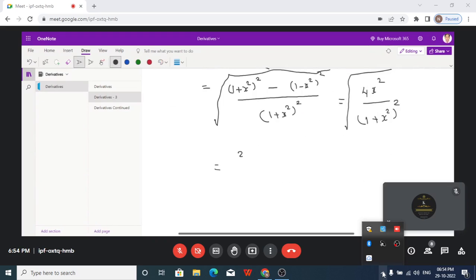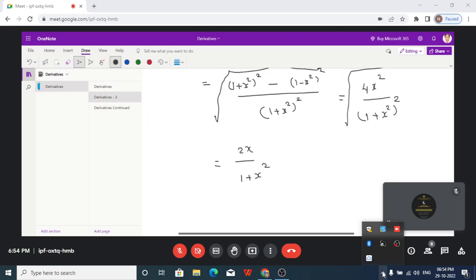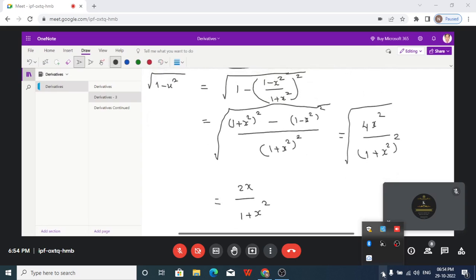So this is equal to 2x by 1 plus x square. Right? 4x square under the square root gives 2x, and 1 plus x square whole square under the square root gives 1 plus x square. So now the square root sign is gone. So root of 1 minus u square we have simplified as 2x by 1 plus x square.